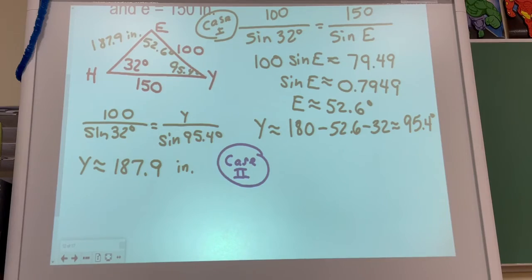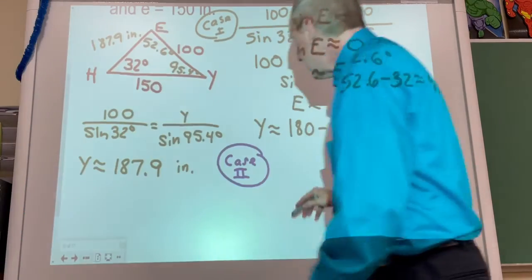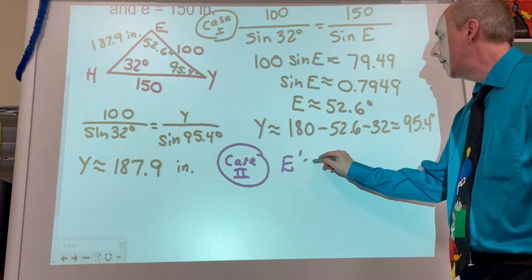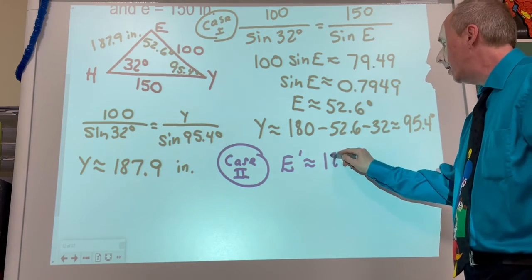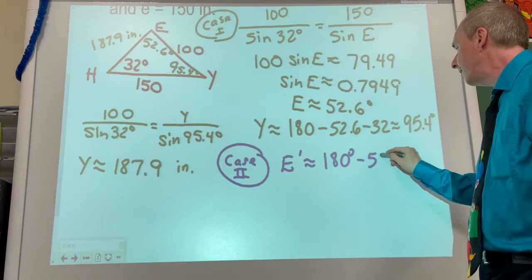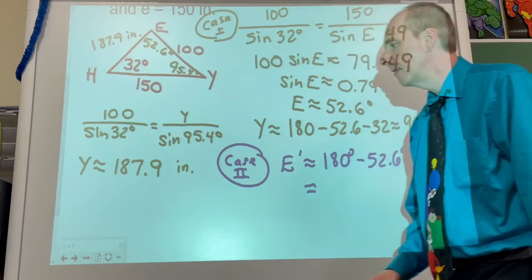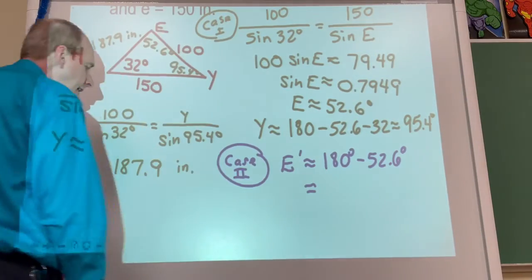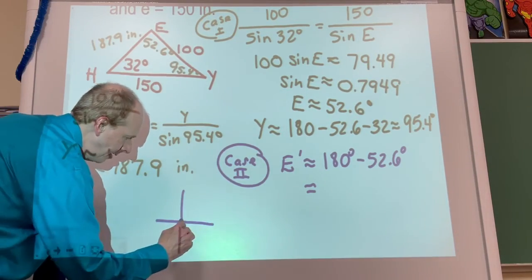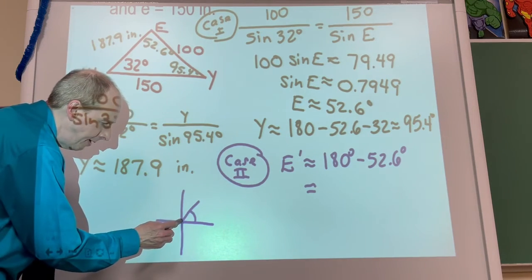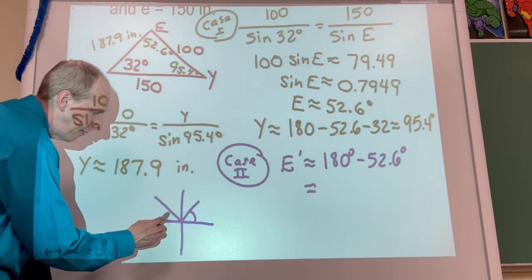So my angle E, I already have an E. I will call this new one E prime. And it's going to be 180 degrees minus 52.6 degrees. Because again, you're thinking of your quadrants, right? If 52 degrees is here, you could also have a possibility of here.